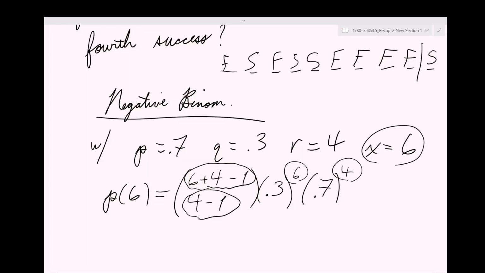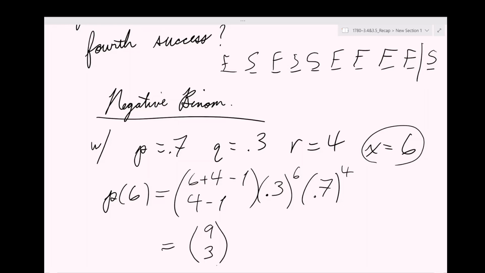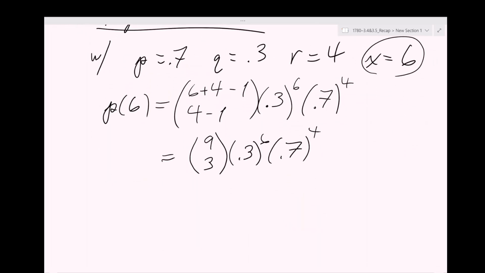So everything checks out here. And then of course, simplify this down, so we have 9 choose 3, 0.3 to the 6, 0.7 to the 4, and then you can punch it into a calculator just like for binomial. Hopefully that helped. Good luck on your homework.